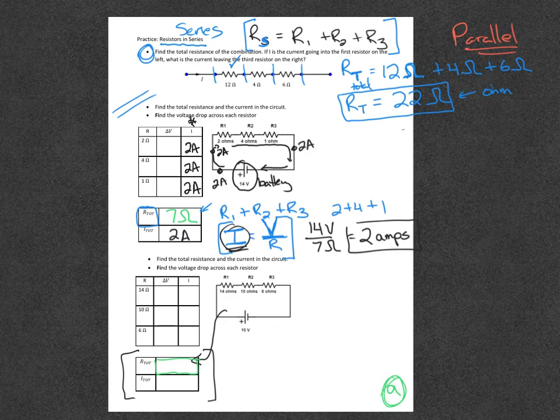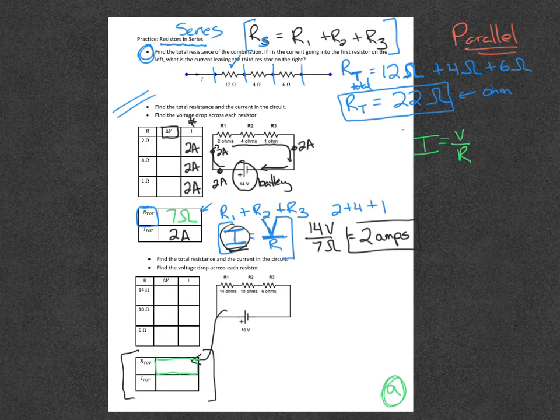Okay, how do you finish this puzzle? How do you finish this darn problem? The last step is to figure out the voltage drop, or the energy drop, at each of those resistors. This is where it's going to get a little interesting. Well, remember Ohm's law.